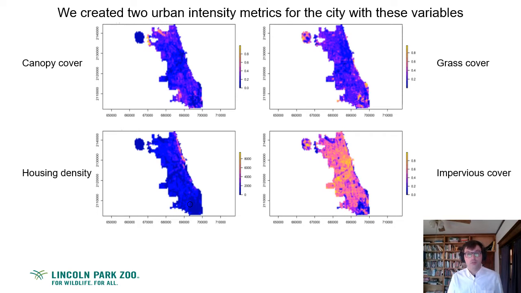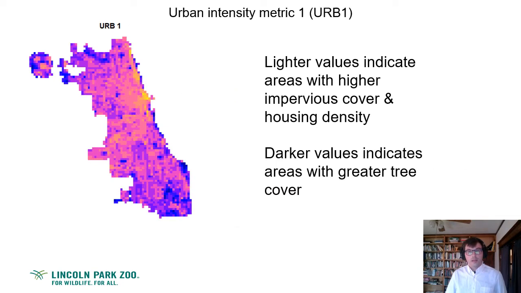In addition to the camera trap data and the human-wildlife conflict data, we also included a number of spatial covariates within this model. So first off, we took canopy cover, housing density, impervious cover, and grass cover throughout the city of Chicago, which are all pretty strongly correlated to one another. And we created two urban intensity metrics with these variables using principal components analysis. This first urban intensity metric essentially represents a gradient of urbanization, from negative to positive, from darker colors to lighter colors in this figure on the left here.